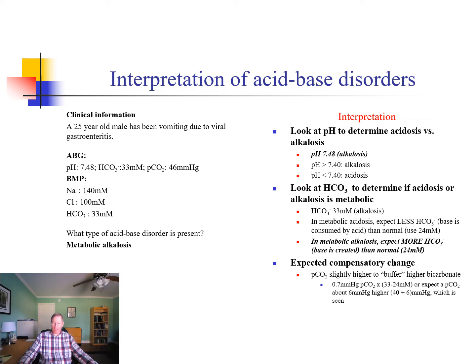And if I take that 9 millimolar increase and multiply it by 0.7, that gives me about a 6 millimeter of mercury rise in CO2 to the base level of 40. And this is what I actually see. This is 46. So this 46 millimeters of mercury for CO2 instead of being 40 is an appropriate compensatory change. And that should always be part of any interpretation that you make of these arterial blood gases.